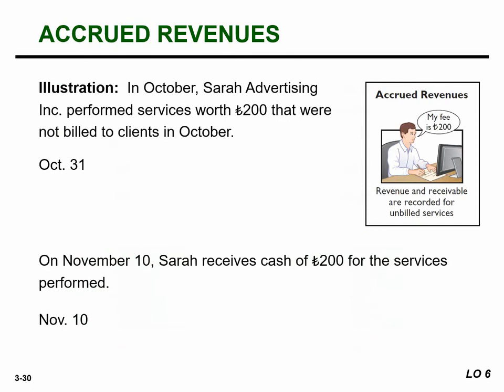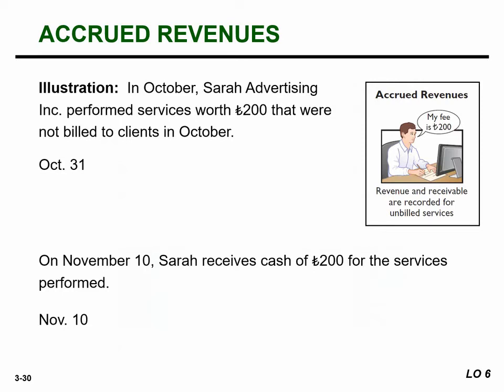Let's have an example here. It's saying that in October, Sarah Advertising performed services worth £200 that were not billed to clients in October. So we performed services during the month, but maybe we agreed with the customer to pay this amount in the next month.